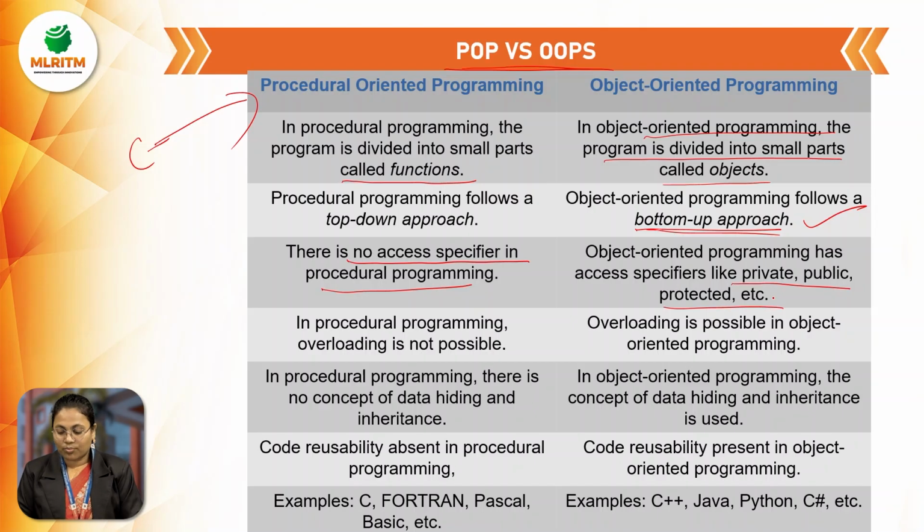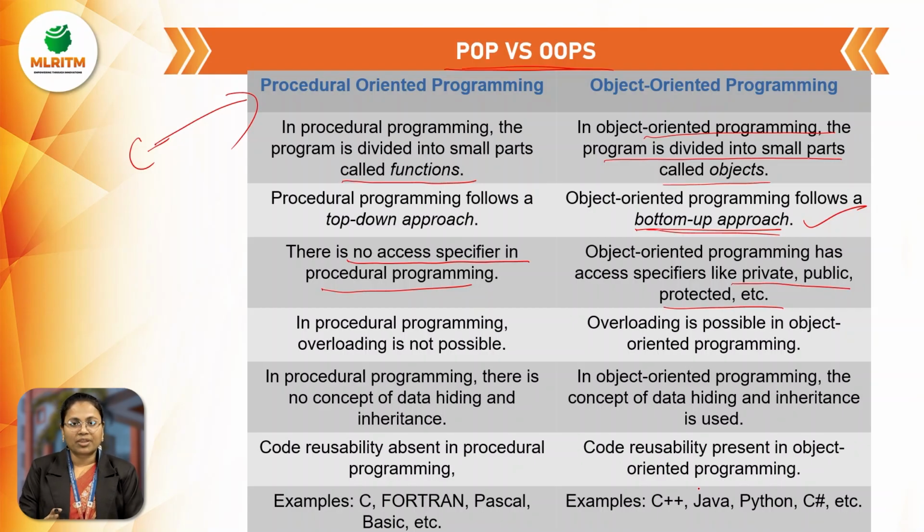Private, public, protected, default, all these are access specifiers. By using these access specifiers, we can provide security to the program. Unauthorized persons cannot access our data if you use access modifiers from one class to another class. If you give permission, then only we can access the methods and variables of one class from another class.